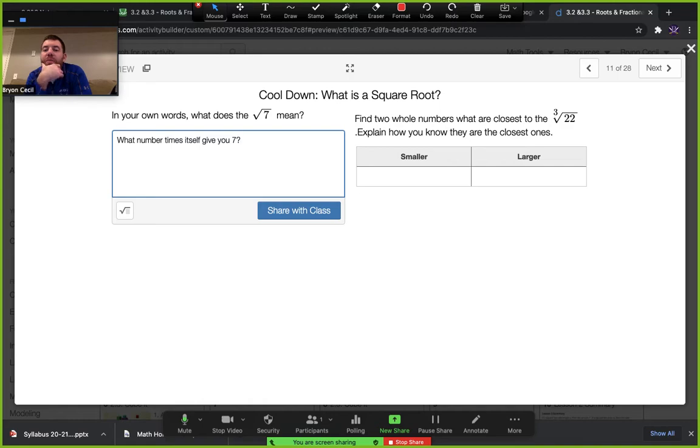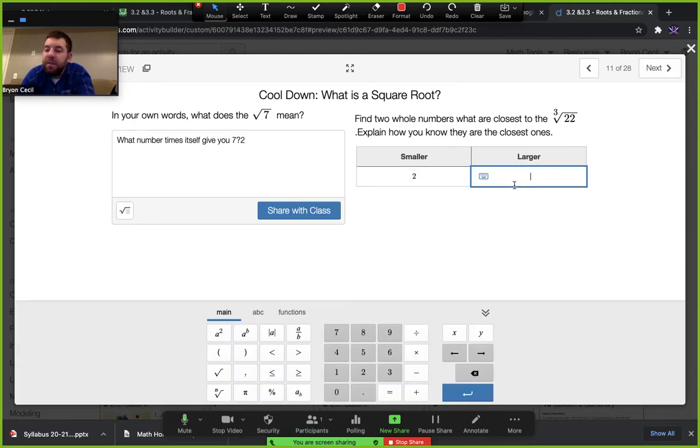Find the 2 whole numbers that are closest to the cube root of 22. I look at my list. We know that it's going to be 2 and 3 because 2 cubed is 8, and I know that doesn't seem close, but it really is in the grand scheme of things, especially with these bigger numbers. And then 3 cubed is 27, so it's in between those 2. So 2 and 3.